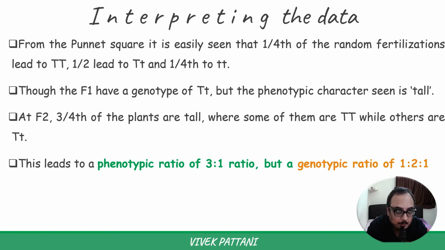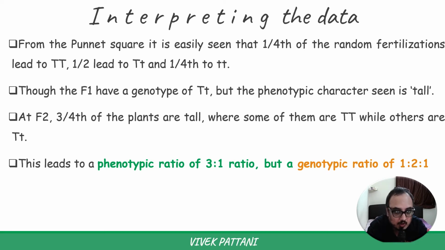Also the pollen grains of genotype t have a 50% chance of pollinating eggs of genotype T, and vice versa. As a result of the random fertilization, the resultant zygotes can be pure tall ones, short ones, and the hybrid ones.